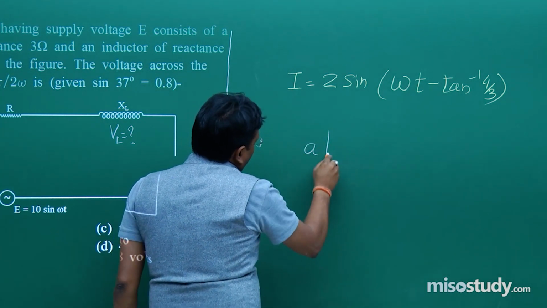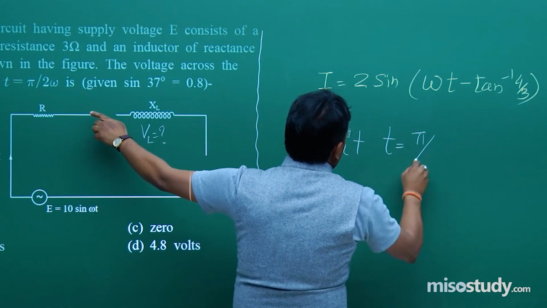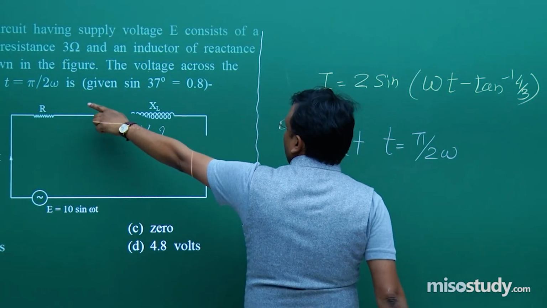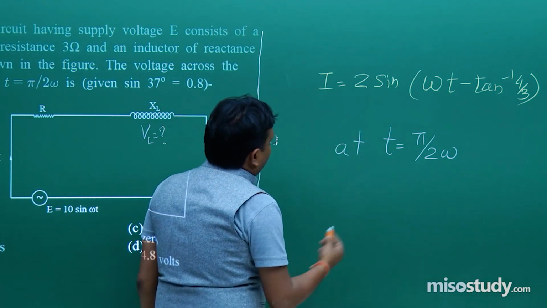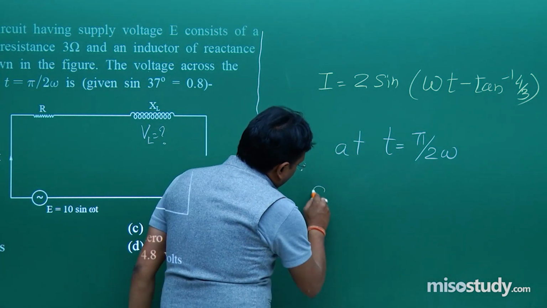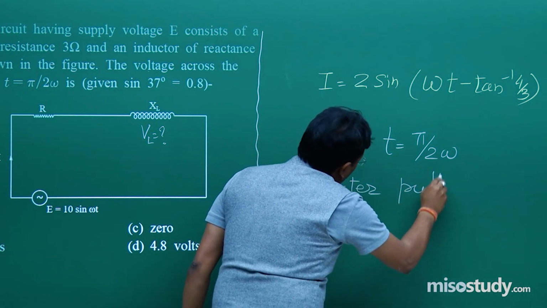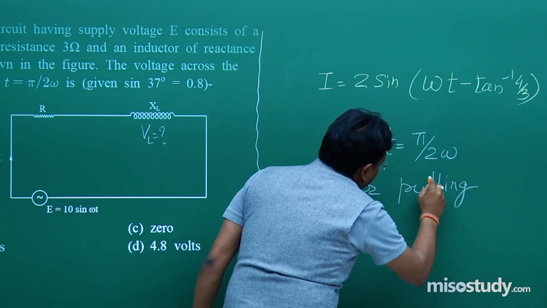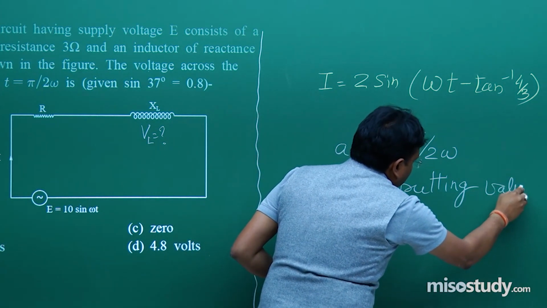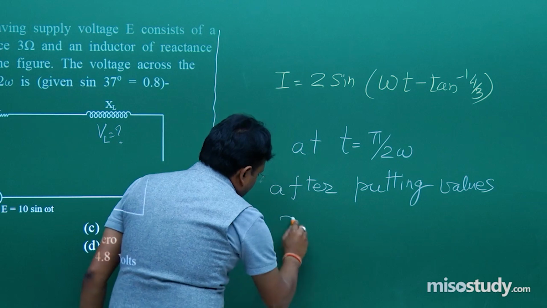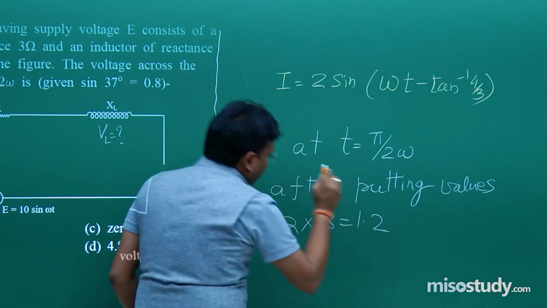So, at t is equal to pi upon 2 omega, after putting values, now the trivial calculation part I am skipping, 2 into 0.6 is equal to 1.2.